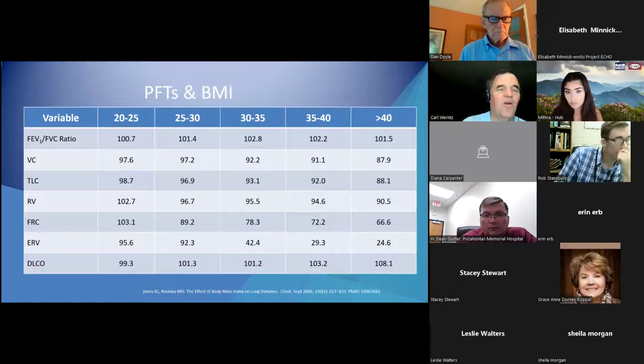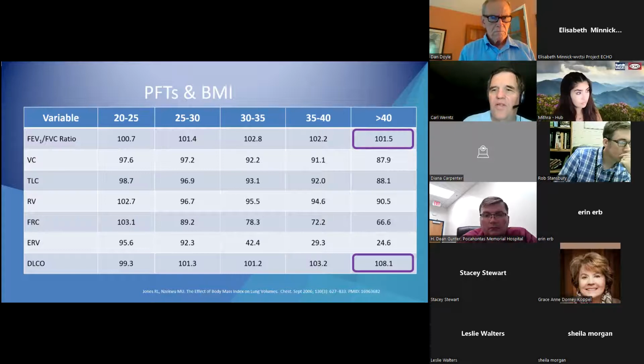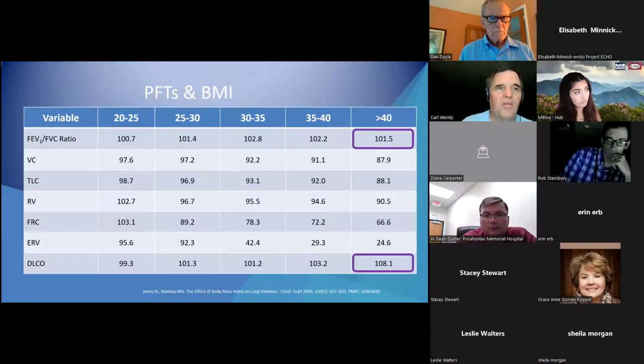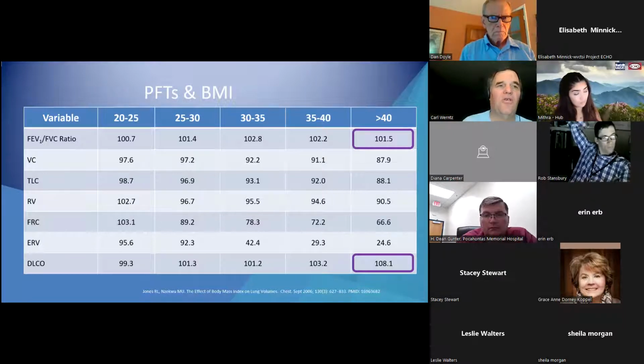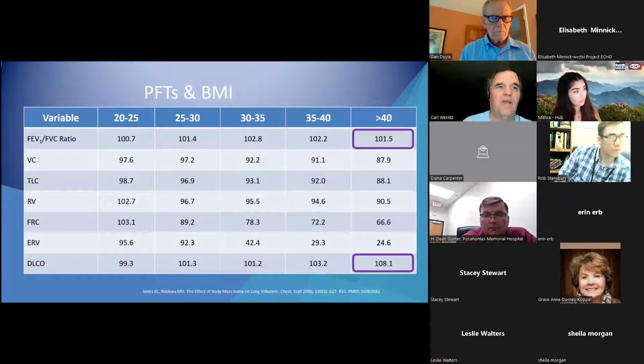The more obese you are, the better your DLCO is, which is sort of an interesting finding. And I said the ratios are better for the obese. Notice the ones that are now circled in purple. The ratios get better, as does the DLCO in people who are morbidly obese. So you should never blame somebody's low DLCO on obesity. That's doing it incorrectly.